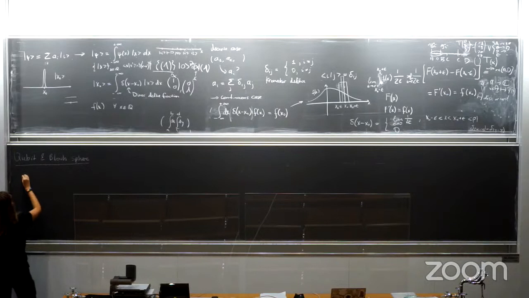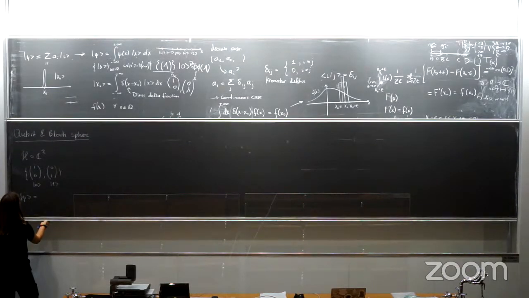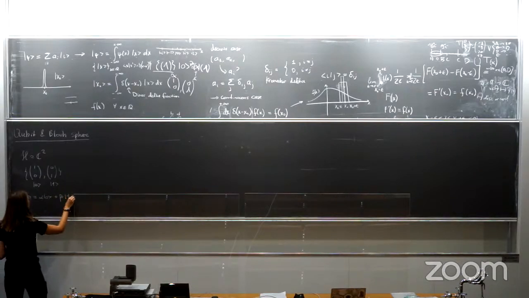We have the Hilbert space corresponding to a 2-dimensional system, and the usual basis that we choose to describe the states in this space is the 0-1 basis, which is also called the computational basis. Then we say that any state of the qubit can be described as the linear superposition of the states 0 and 1 with some coefficients alpha and beta, which are complex.